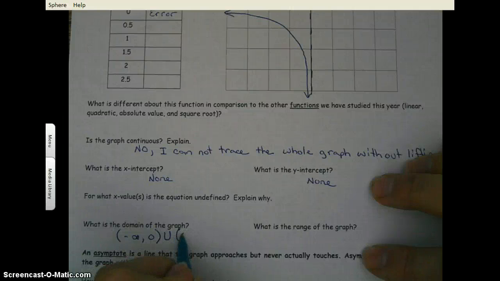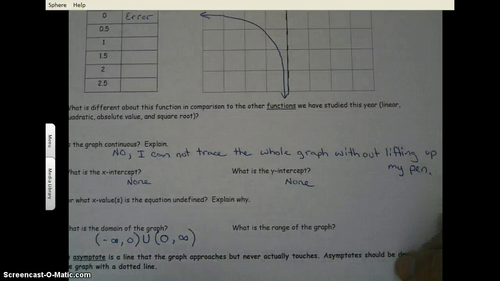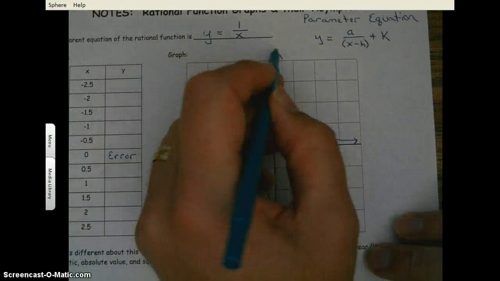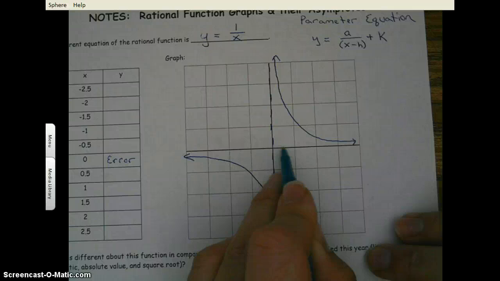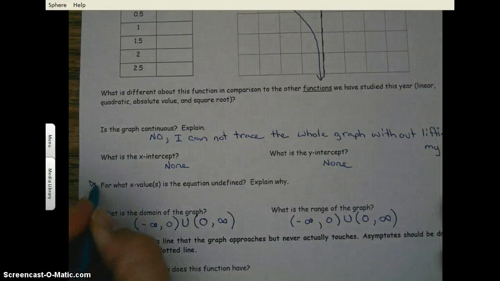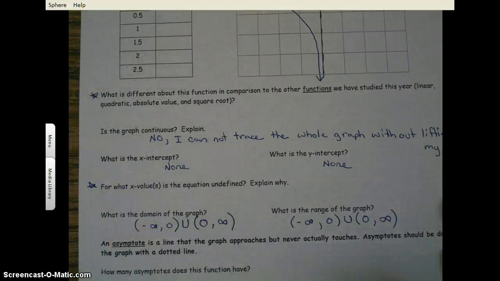And then we'll pick it up at 0, but not including 0, and going to infinity on the right. And the range, again, if you look at this, lowest to highest, negative infinity, positive infinity, and it jumps over what value? Yes, it jumps over 0. So the range is going to be the same. Let's save this question for you. I think we've already answered that question, and that one's for you to think about and answer.